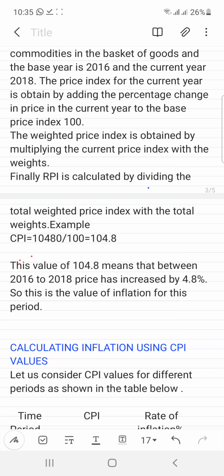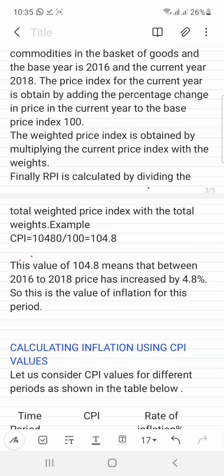We divide by the base year 100, multiply by 100, and that gives us 4.8%. Or simply we can do 104.8 minus 100, which gives us 4.8%. This will be the rate of inflation with respect to the base year. So inflation, the change in price during the period, will be 4.8%.